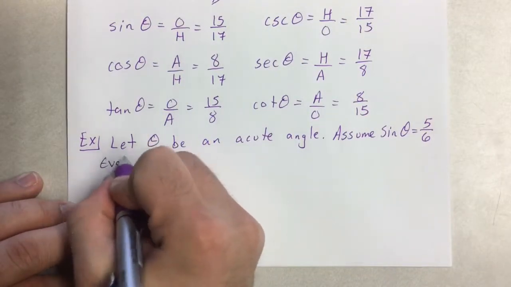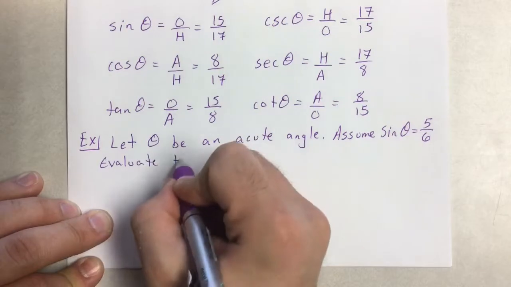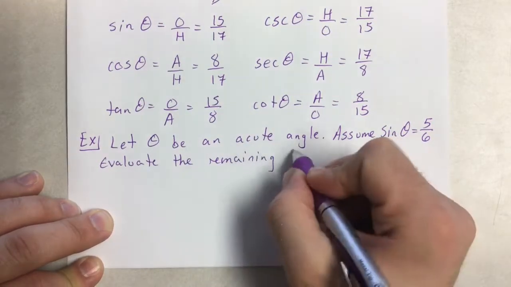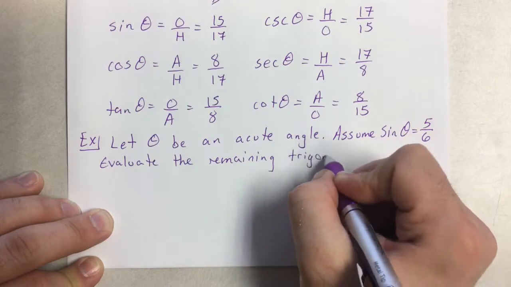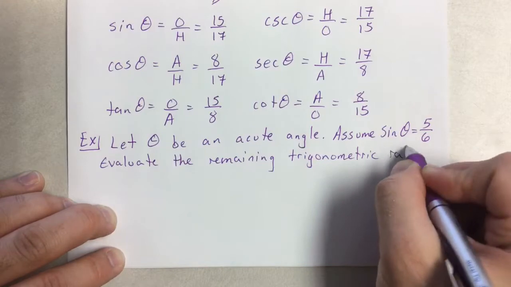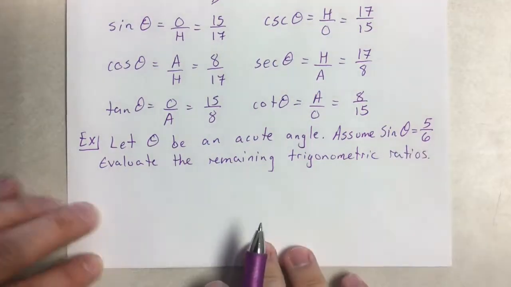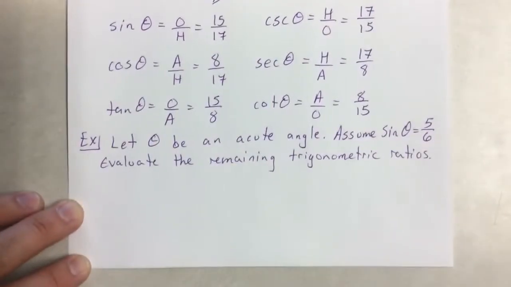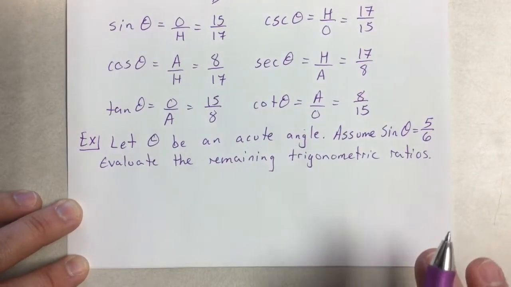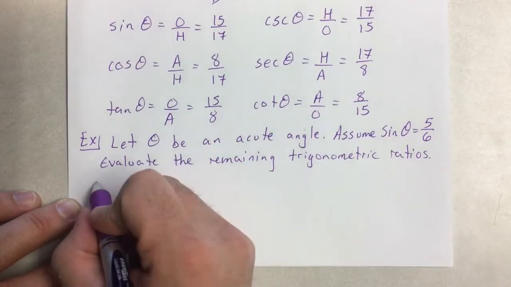Evaluate the remaining trigonometric ratios. So how I'm going with this, based off of this only fraction, we need to get the other 5. So let's think of what we have.